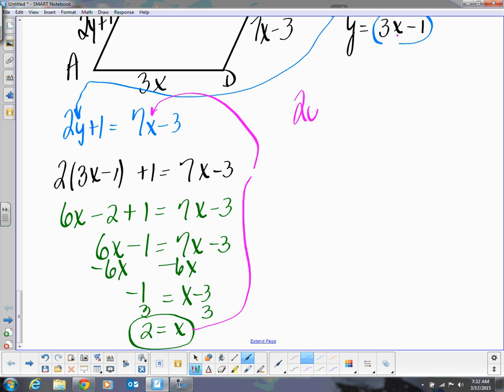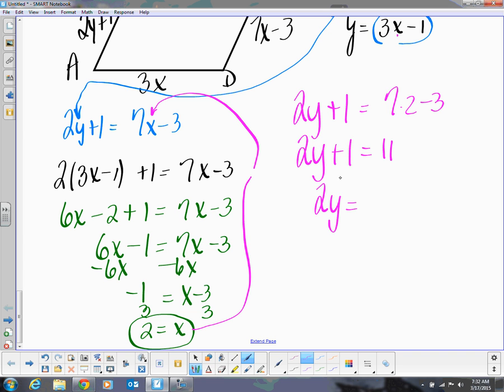You've got 2y plus 1 is equal to 7 times 2 minus 3. Bree, what's 7 times 2 minus 3? Okay, then what do we do? Good, and you're going to get 10, so what is y? Right. Okay, next question.